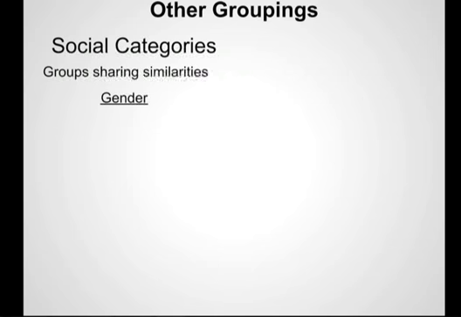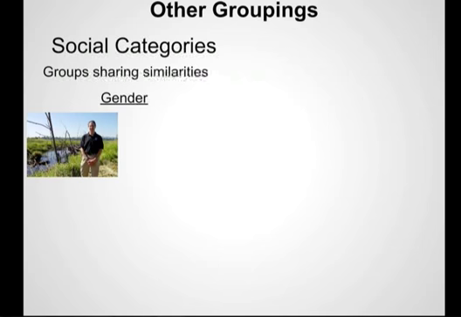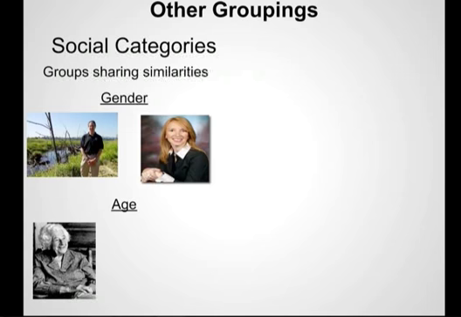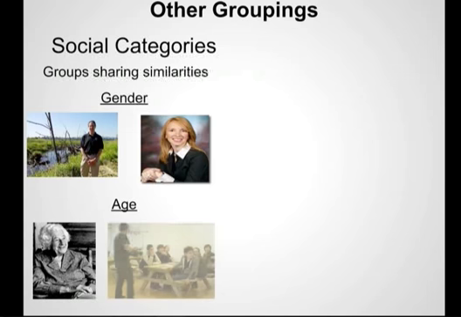So I might consider myself a man, and someone else would be part of the woman group, just by our similarities. Age: I would say that there's an elderly age, and then you could say teenagers as well, and they refer to themselves in social categories, and they identify themselves in those categories, and others do the same for them.